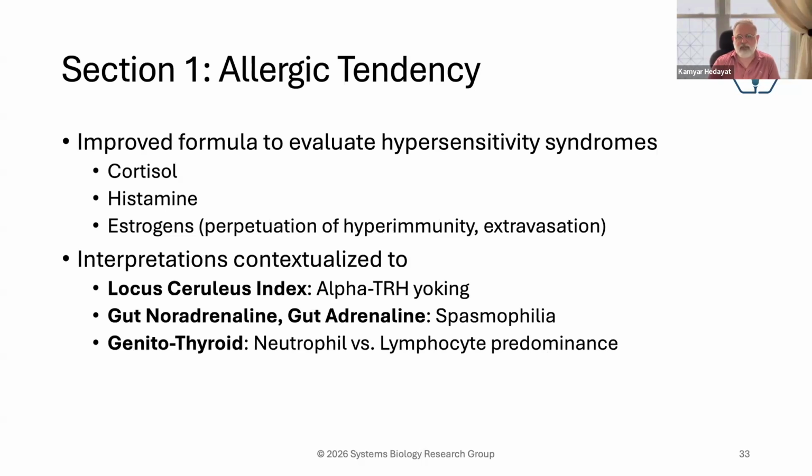The interpretation of this new allergic tendency index is contextualized to these other results that we talked about: the alpha TRH yoking expressed in the locus coeruleus index, the risk of spasmophilia, and the relative predominance of neutrophils versus lymphocytes.